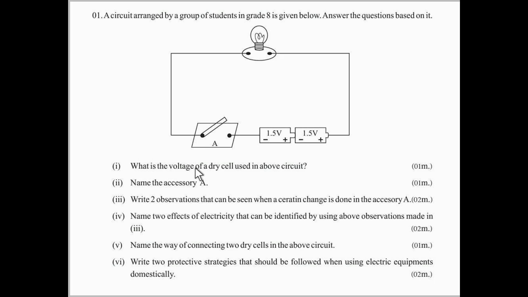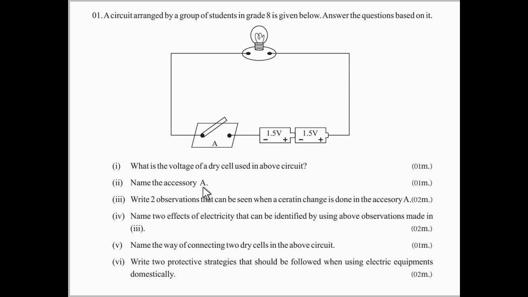What is the voltage of a dry cell used in the above circuit? Voltage of a dry cell is 1.5. Here we can see V is the symbol of voltage, then it's 1.5 volt. In a dry cell you have 1.5 volt.